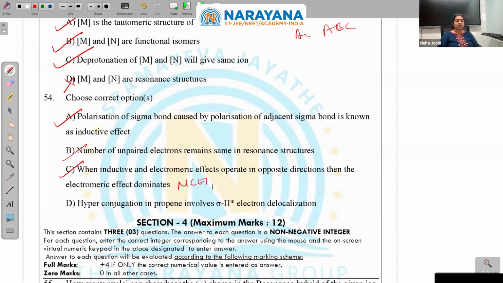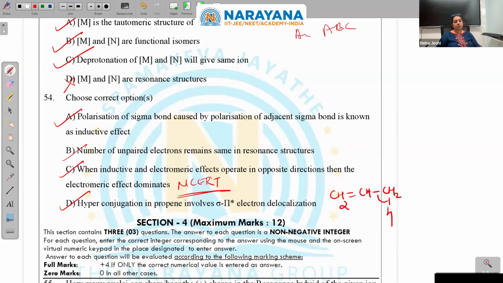When last week we were doing this revision class, I even shared NCERT and I think we found this line there. Hyperconjugation in propene involves sigma and pi star, correct? Because propene is CH2 double bond CH single bond CH3.